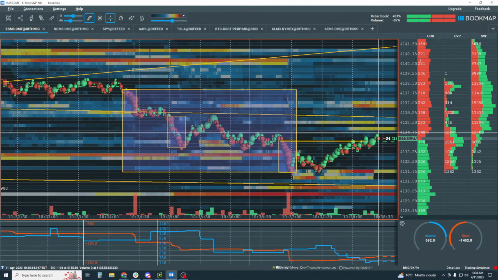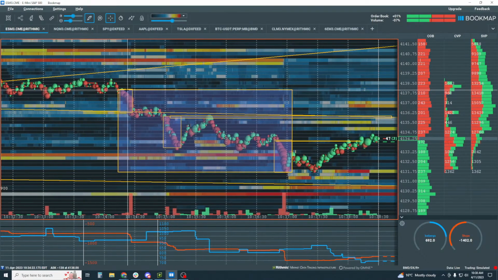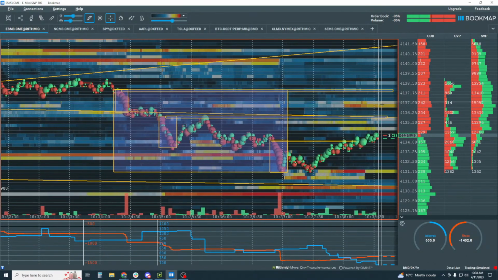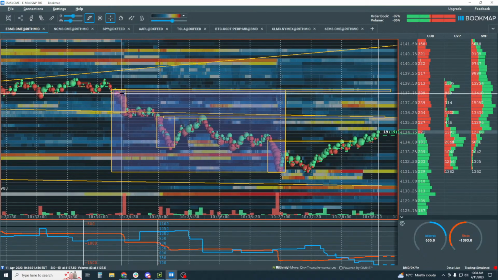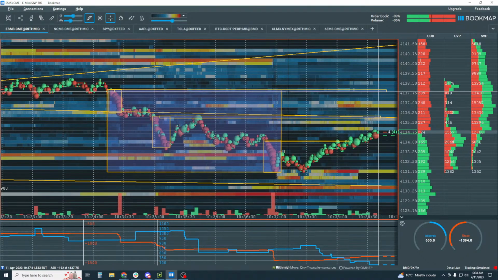Why we're looking for that, we'll just draw these up, is because that's where we'll find sellers defending these areas here. Does that make sense?